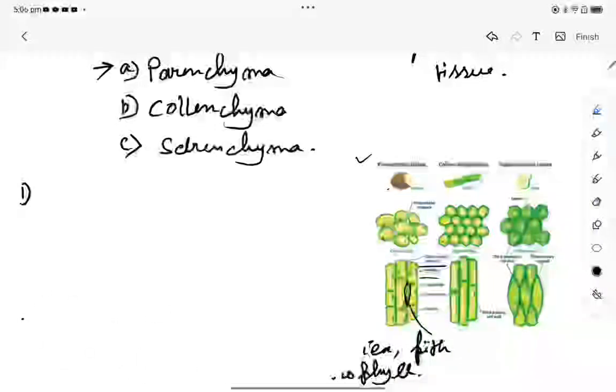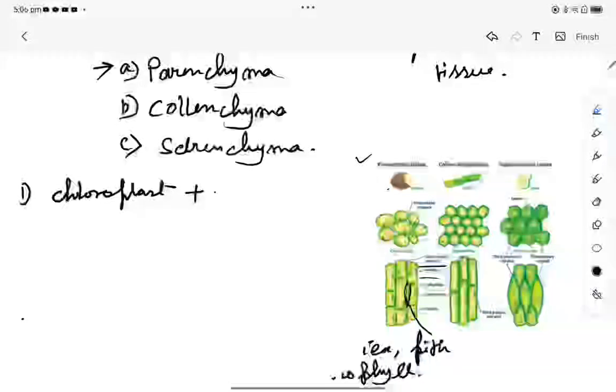Now I said that they are also present in mesophyll cells of leaves, right? So the mesophyll tissue of leaf and stem, which contain chloroplast, are called chlorenchyma.